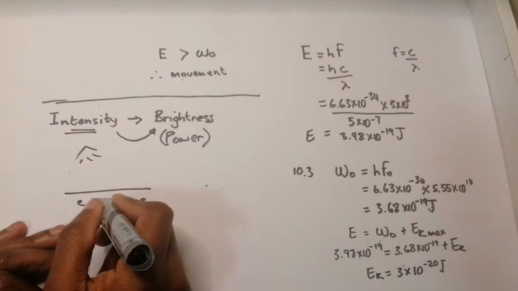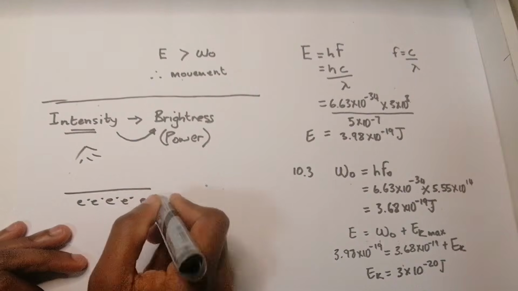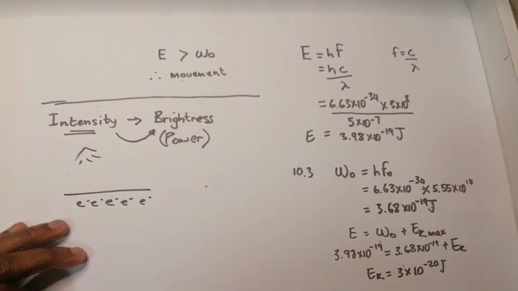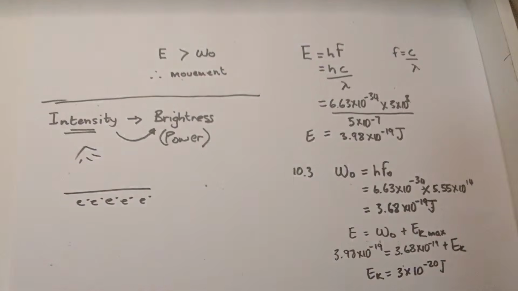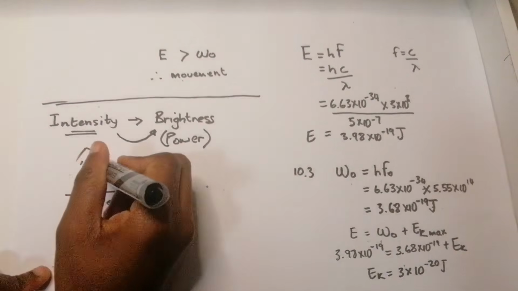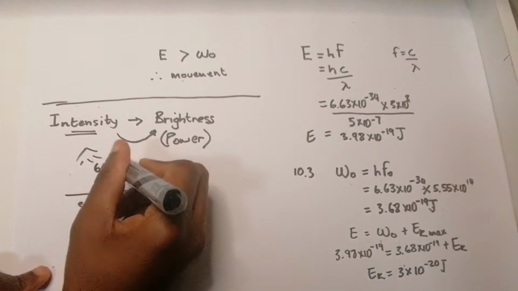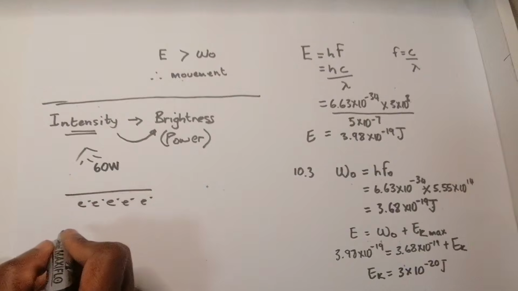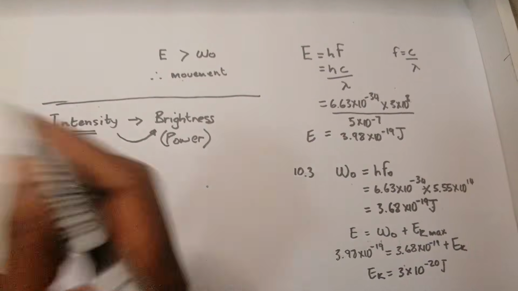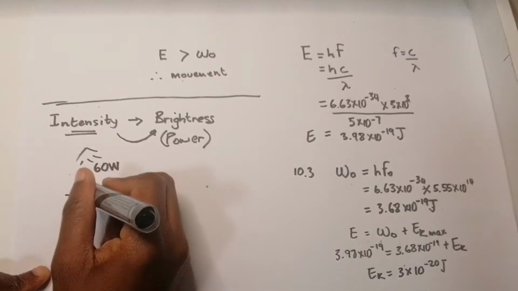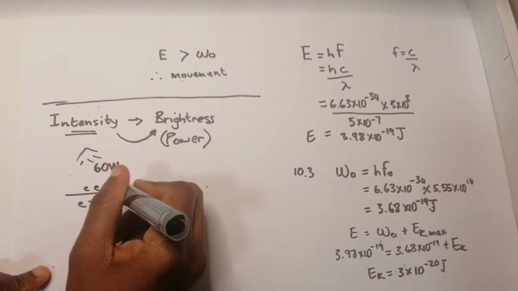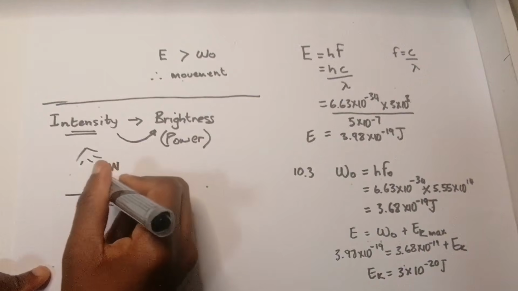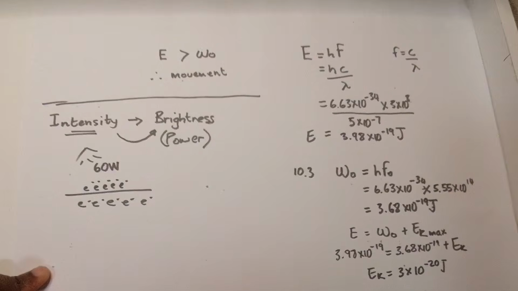There will be a specific amount of electrons that are emitted depending on the power of that light, the brightness of that light. So suppose I was using a 60-watt bulb, just for argument's sake. I find that I'm able to emit 5 electrons every second. I'm just making an example with this so that you understand it.